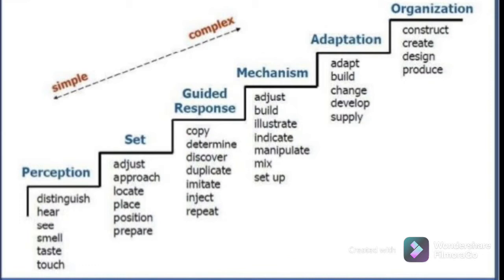Under perception, we have the following behavioral verbs: distinguish, hear, see, then touch, smell. Because in perception, you are using your senses. Under the second taxonomy, we have the taxonomy of set. Under set, we have the following behavioral verbs that you have to memorize: adjust, approach, locate, place, position, prepare.